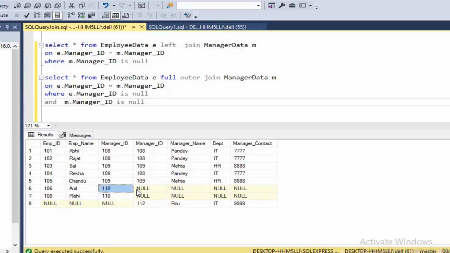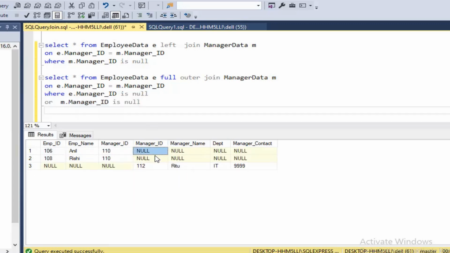AND means both conditions should match. OR means whether this is null or this is null, bring both, whatever matches. If it is not null in any column, don't bring it. If any of the columns has null, then bring it. So now from the right side and left side, we got both the unmatched data.